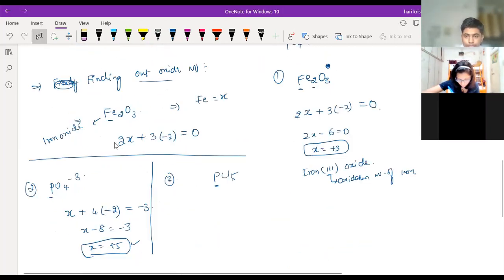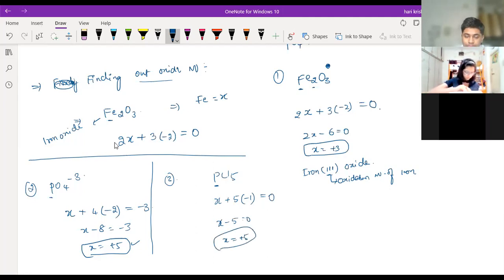So phosphorus, we don't know, X, plus chlorine is a halogen, we'll take it as -1. Overall, is it a neutral compound or charged compound? Neutral only, right? So it will be 0. So X -5 is equal to 0, or X equal to +5.